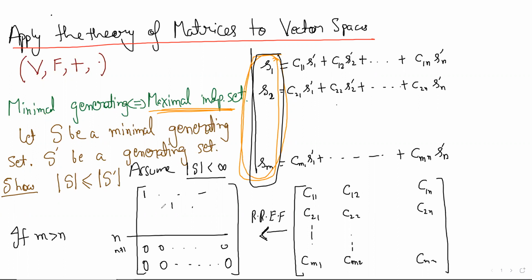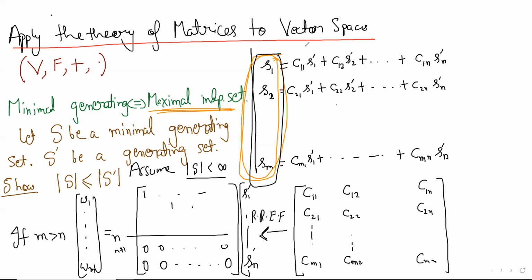So assume that this remains the minimal generating set. So in the end you get some very different vectors, W1 to Wn. This is a minimal generating set, and this is equal to this times S1 up to Sm.